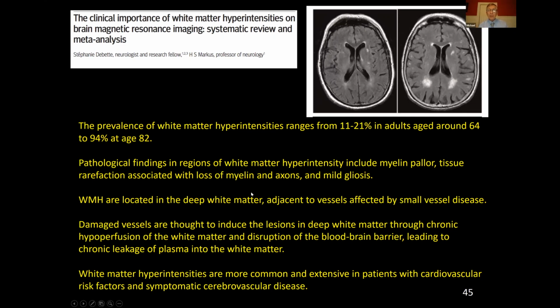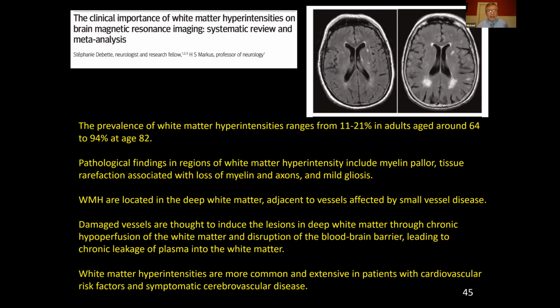But what are they? Under a pathologic exam, if you open up the brain and section a white matter hyperintensity, it looks like scar tissue with a little bit of cerebrospinal fluid inside. So it may be a vascular injury. It doesn't look like tumor or anything like that. It looks more like a vascular injury that's been walled off.